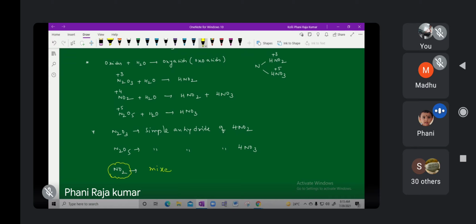Please highlight this word, mixed anhydride of HNO2 and HNO3. And this reaction is a disproportionation reaction.